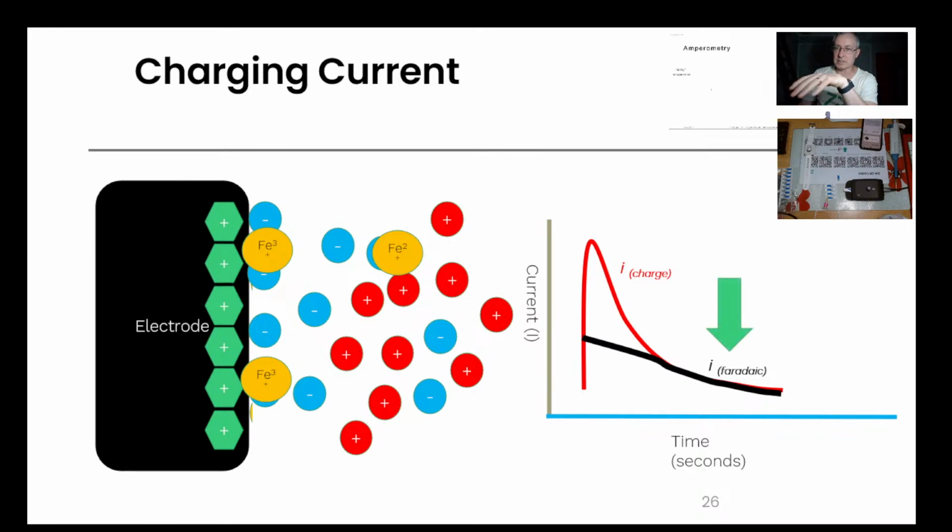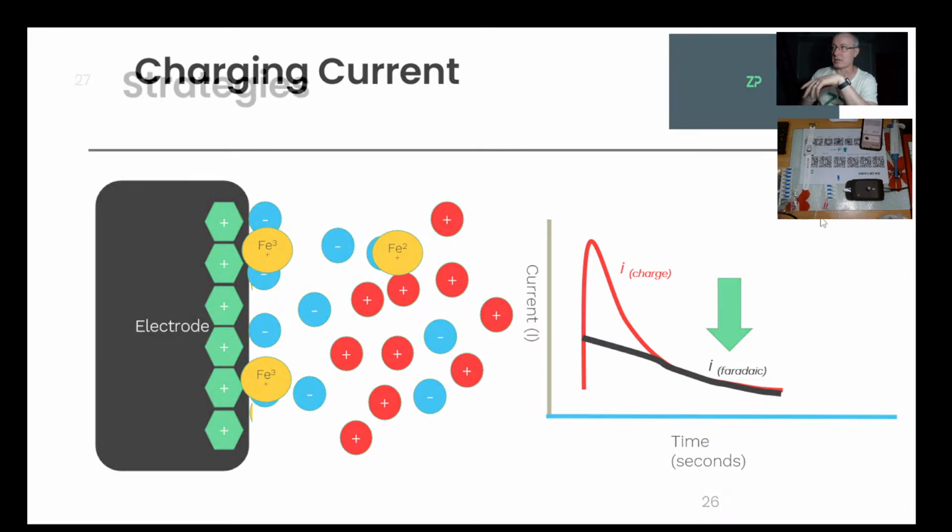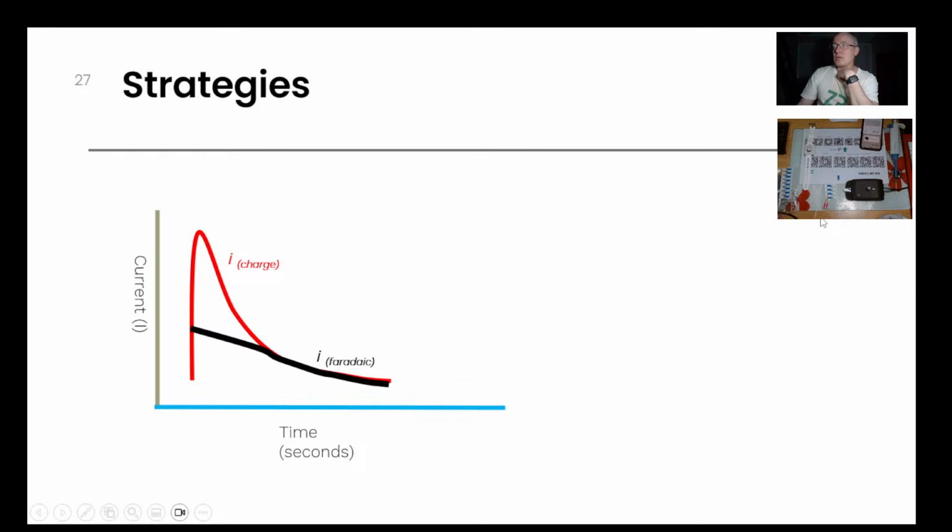So square wave voltammetry and differential pulse voltammetry exist to get rid of this charging current and also to get rid of the background current. The two strategies that go on here are timing and subtraction. If you do a potential step, and you just delay the reading of the current by a few milliseconds, then you can diminish the effect of the charging current.